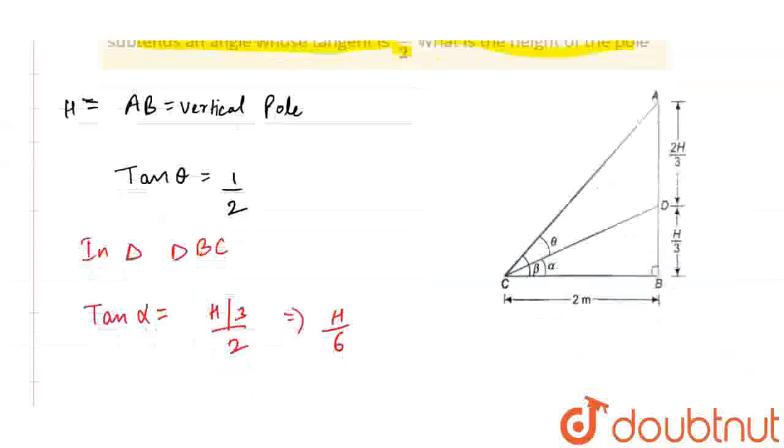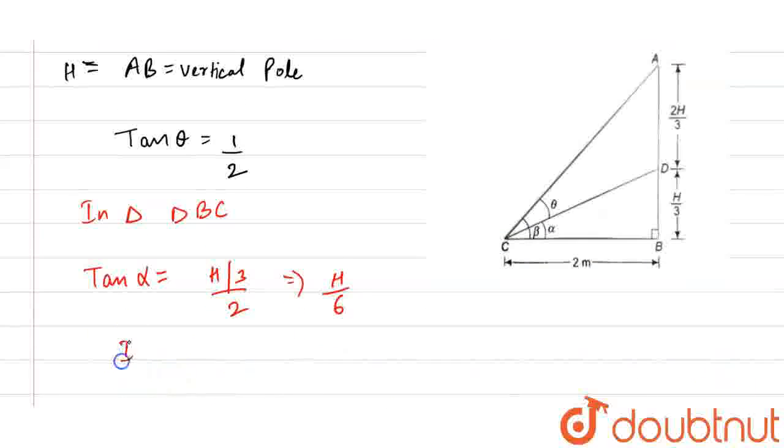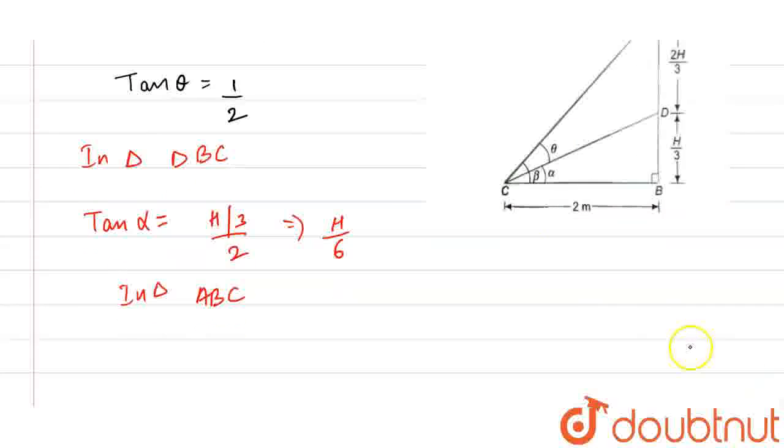Now in the big triangle ABC, tan beta is perpendicular upon base, AB by BC, where AB is h and BC is 2 meters, so h/2. So tan alpha equals h/6 and tan beta equals h/2.